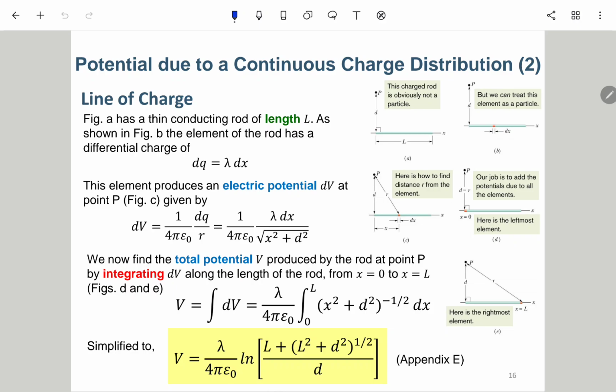For the potential due to a continuous charge distribution, first a line of charge. Here we have this line of length L. We try to compute the potential at point P with a perpendicular, orthogonal distance of small d.